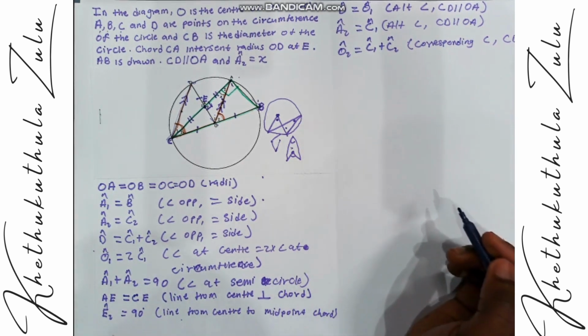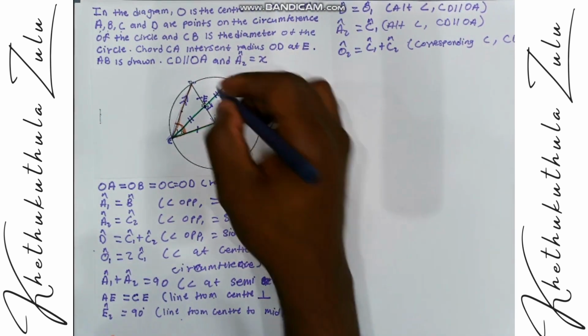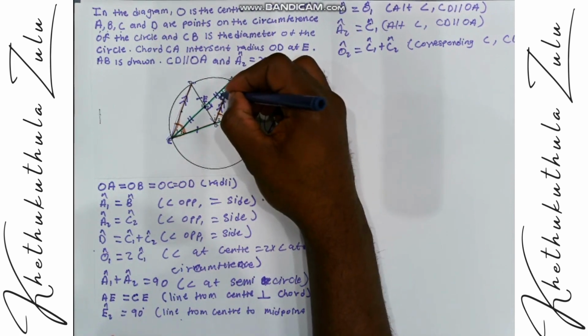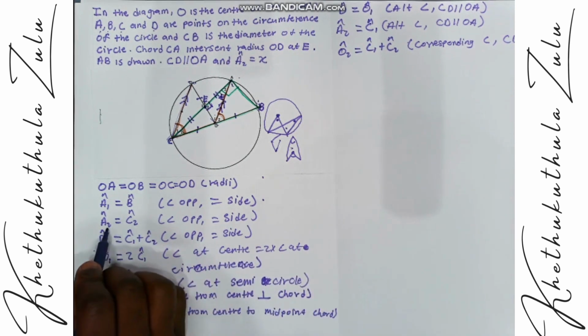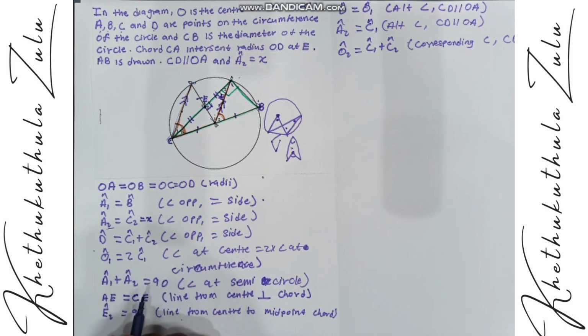Then now when they're saying A2 is X, so A2, this angle here, it's X. So just correspond anything with A2 to make it X. So here A2 was equal to C2, meaning it's equal to X also.